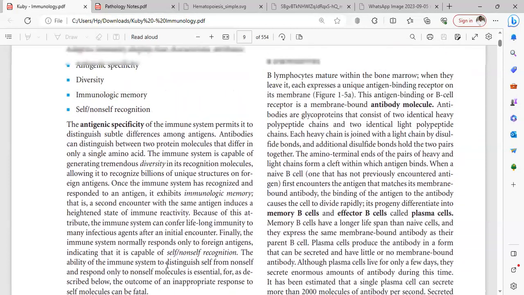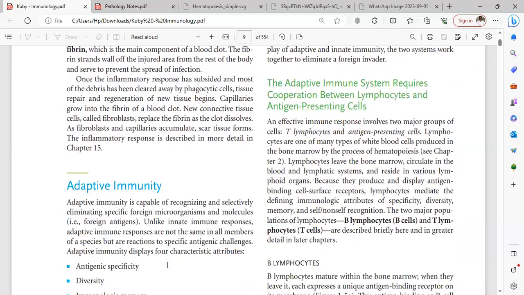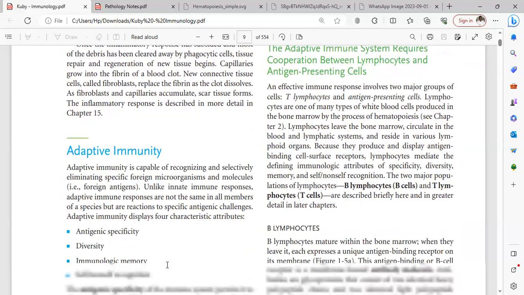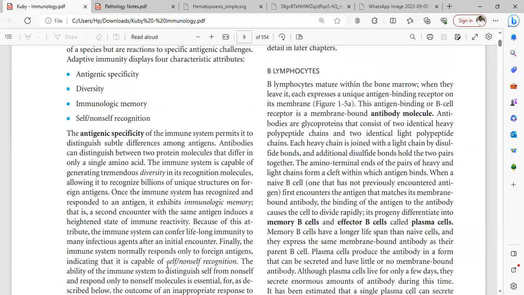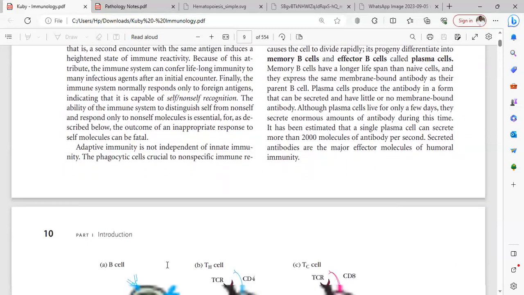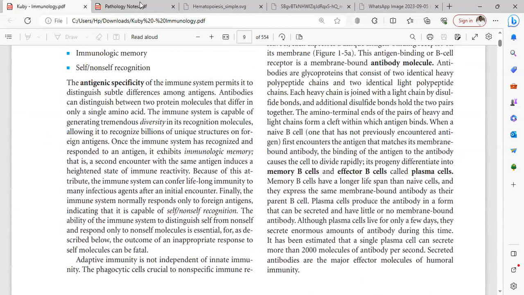So the adaptive immunity comprises the B lymphocytes and the T lymphocytes, but we'll talk about them when we discuss the types of cells. So let's see what the slides say.